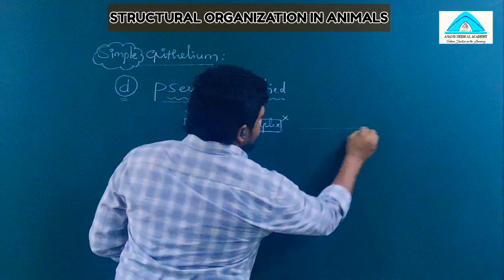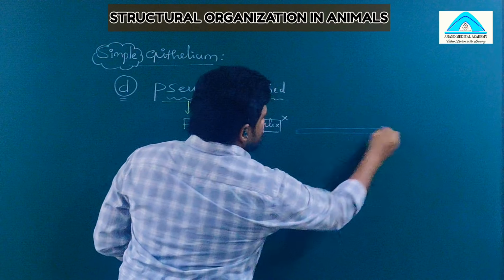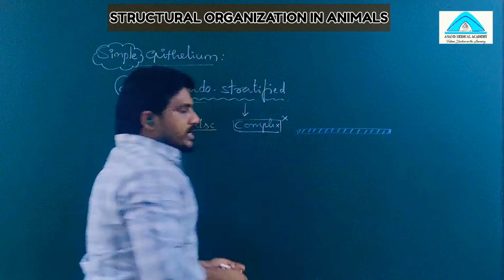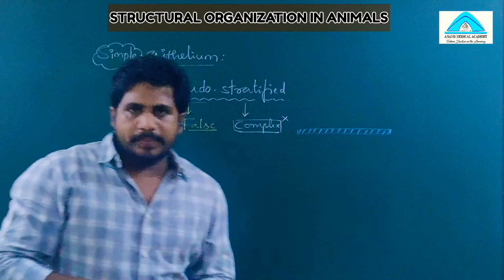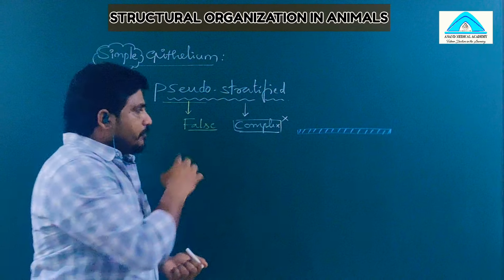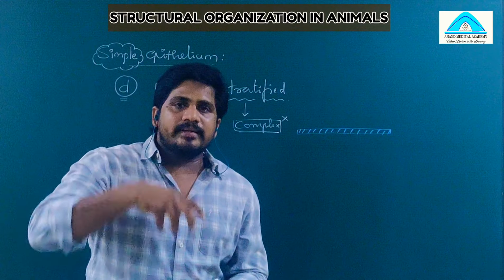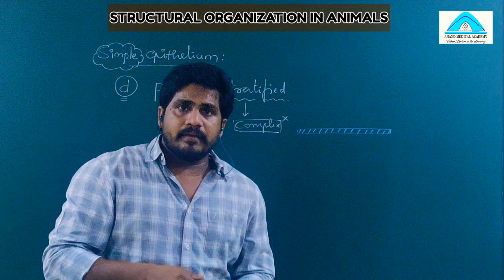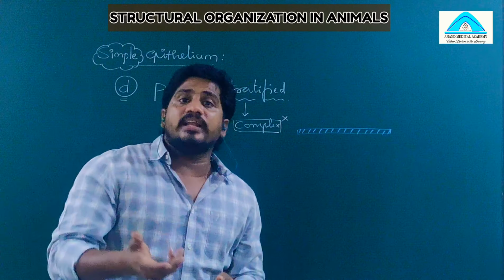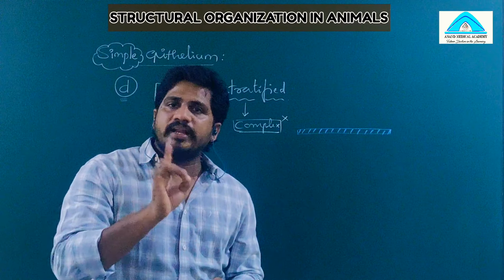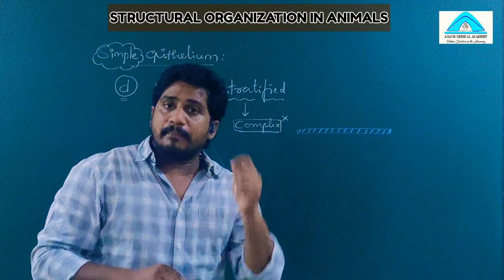Actually, on the basement membrane, if the cells are arranged in a single line, then it is called simple epithelium. But in this case, if you examine this type of epithelium under the electron microscope, it mesmerizes your vision. It shows multiple layers on the basement membrane, but actually only one lining of cells is arranged.